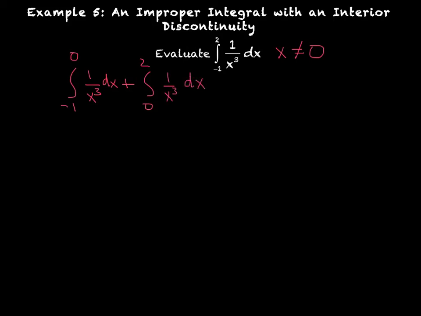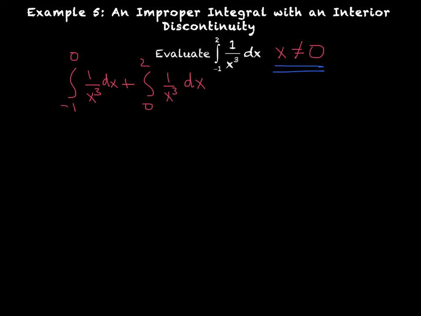But there's a problem. Remember, we just said x cannot be equal to 0. So therefore, we cannot have 0 as one of our upper or lower limits. So we are going to essentially integrate from -1 to some finite number b that is really close to 0 but not quite equal to 0, so that we can get an integral value, and then we're going to let b approach 0 from the left side first and then from the right side.